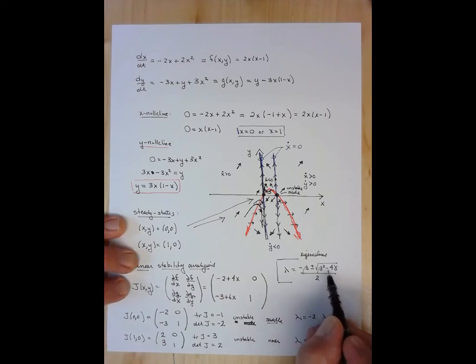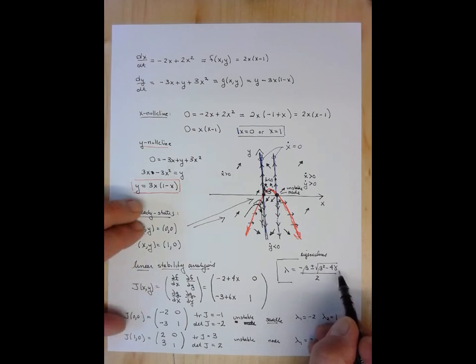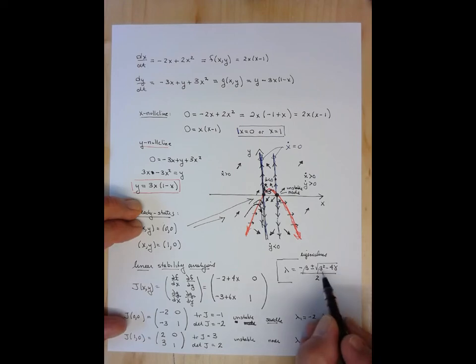So that is 1 minus 4 times -2, which is 8. And I add 1 and I get 9. And then I take the square root of that and I get 3.